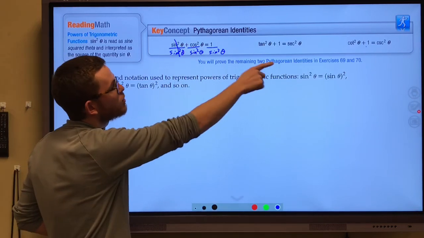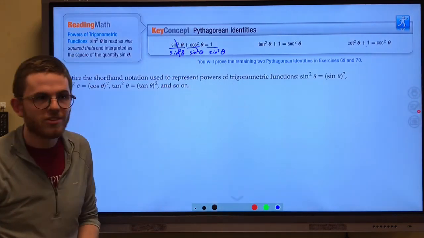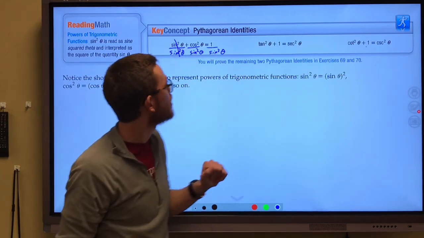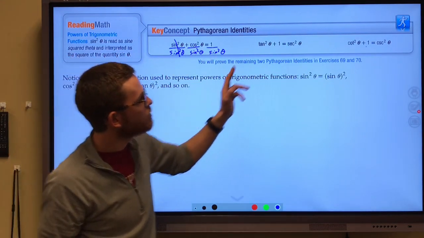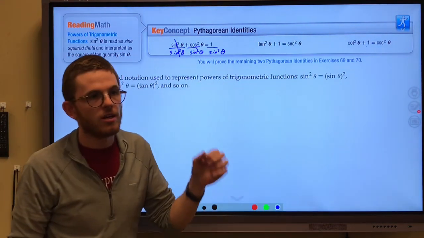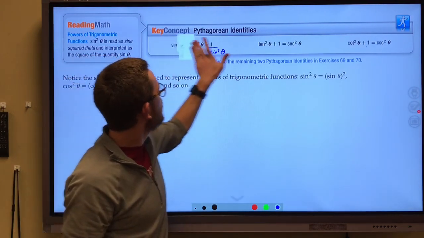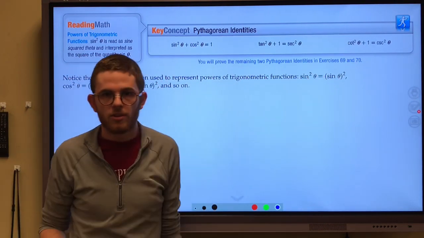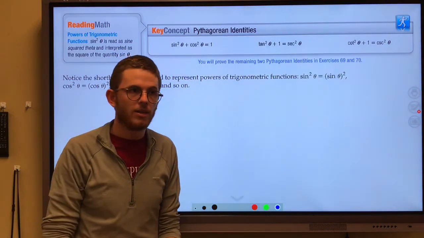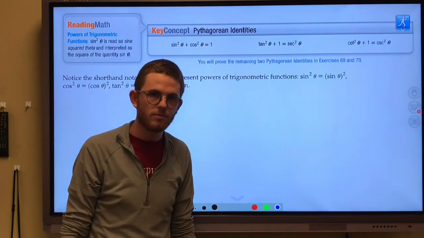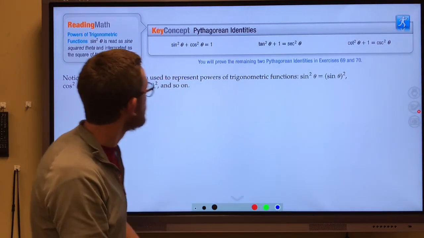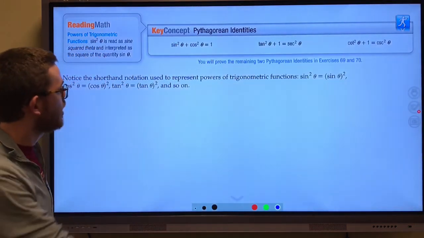Cosine over sine is cotangent. Cosine squared over sine squared would be cotangent squared. And 1 over sine squared is cosecant squared. So, looks like I just did exercises 69 and 70. So, that'll make those easier for you. But that is where we get those Pythagorean identities.